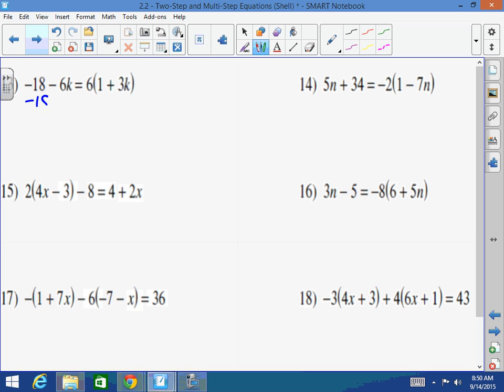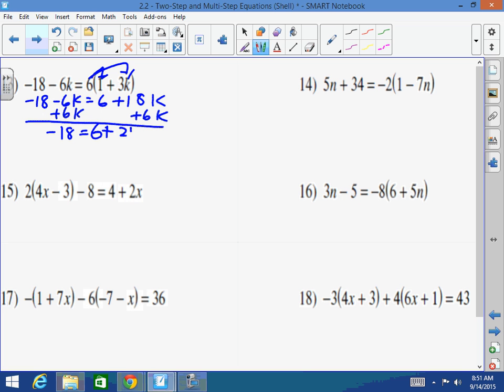Distribute the 6. So I've got negative 18 minus 6k equals 6 plus 18k. Go. Okay, he's going to add 6k to both sides. I like your style. That's positive 6, and that's plus 24k.